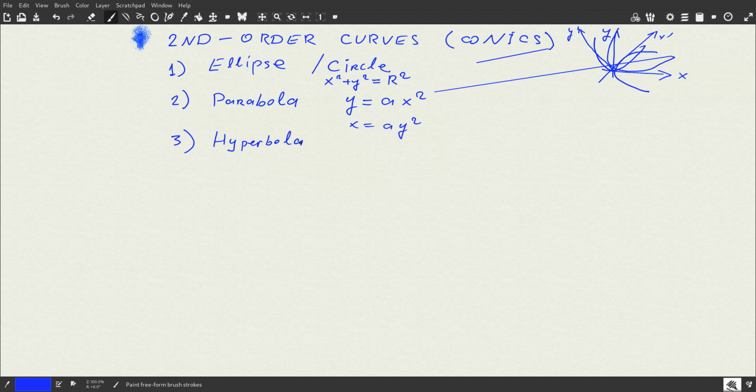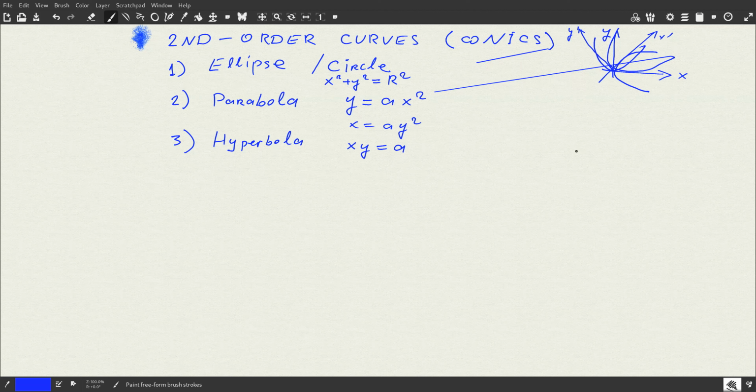In your school algebra, that was an equation of the form, for example, xy equals a. But we'll see that there are other equations, and it is actually better to write a hyperbola equation in terms of squares rather than a product xy.